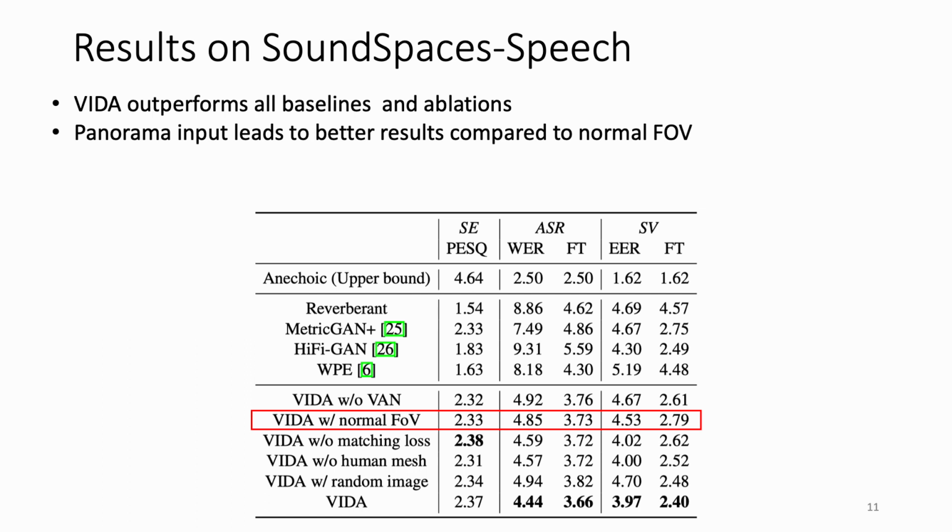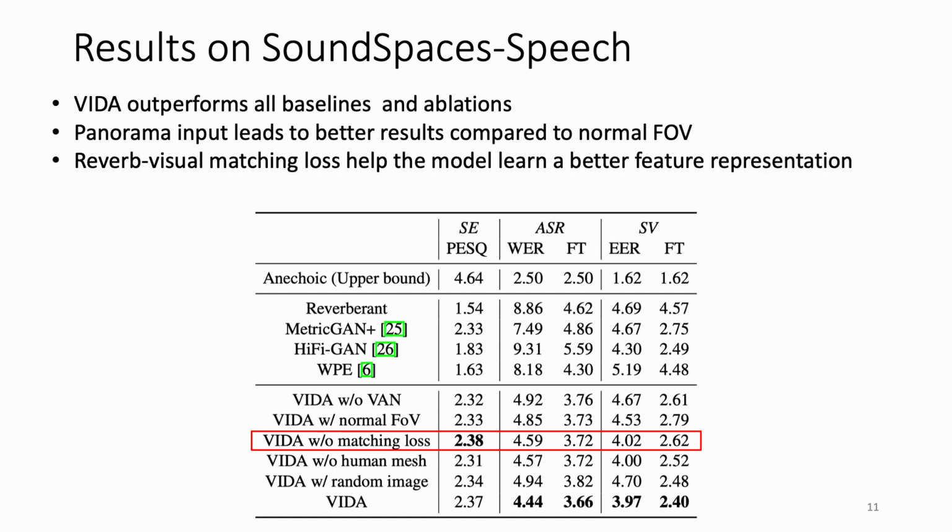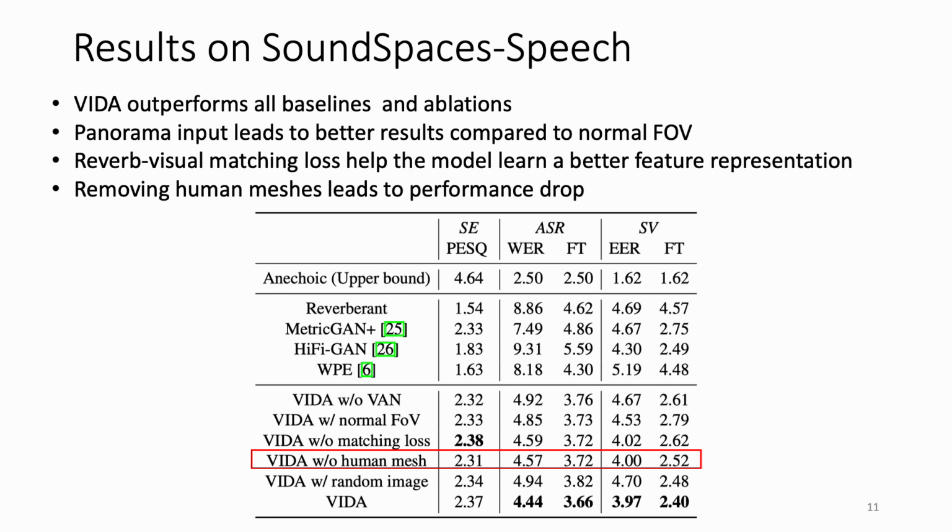Compared with normal field of view, panorama images lead to better results due to more information in the image. Reverb visual matching loss also helps the model learn a better feature representation. We also see that removing the human mesh in the rendering leads to a performance drop, indicating that the model is reasoning about the speaker location for dereverberation.